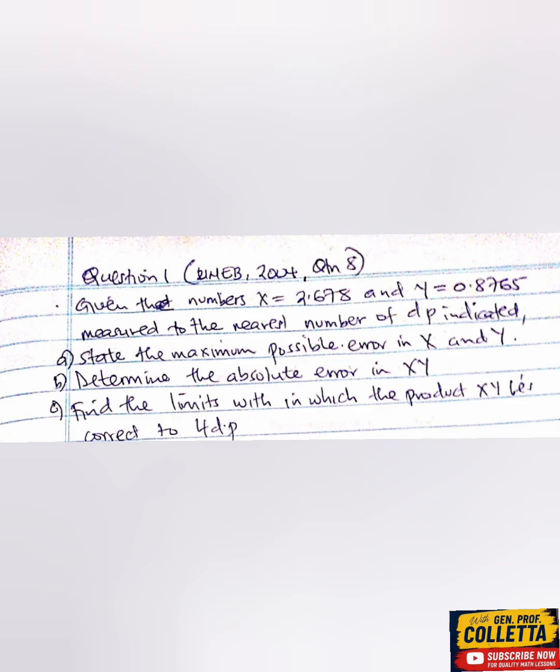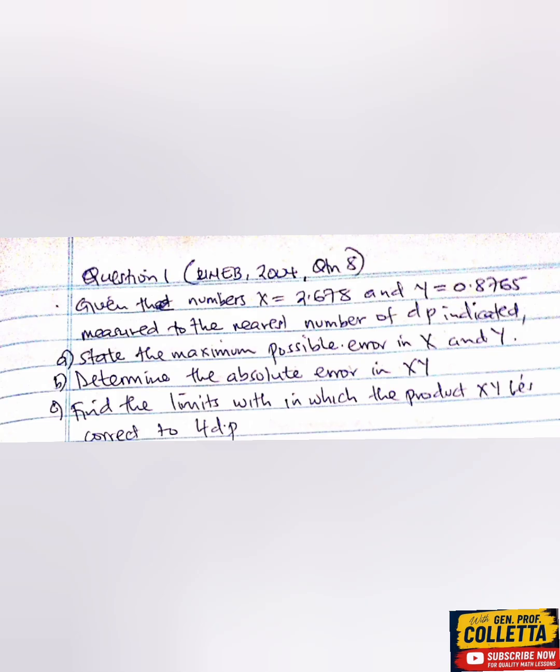Yes, there's this first question from UNEB 2004. It was number 8, paper 2 still. Given that numbers x 2.678 and y 0.8765 are measured to the nearest number of decimal places indicated, part A: state the maximum possible error in x and y.